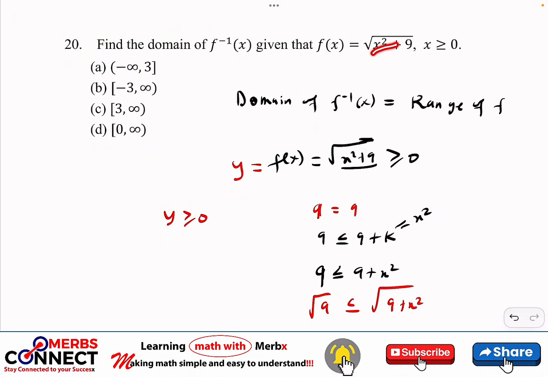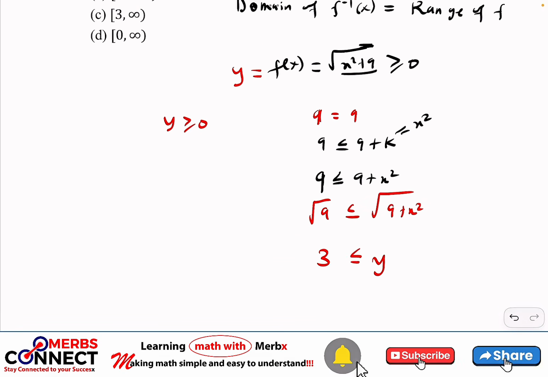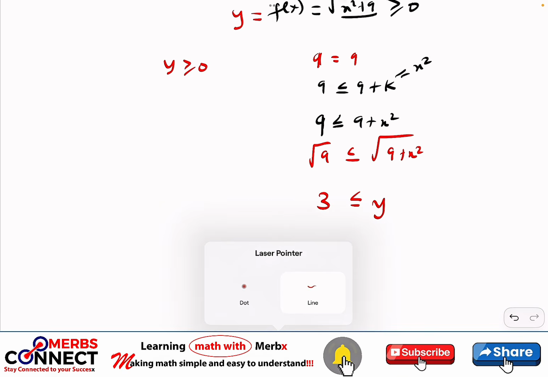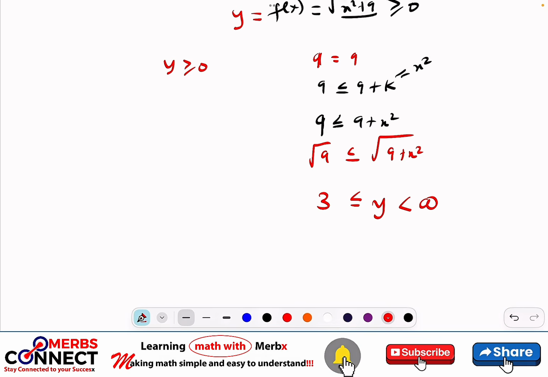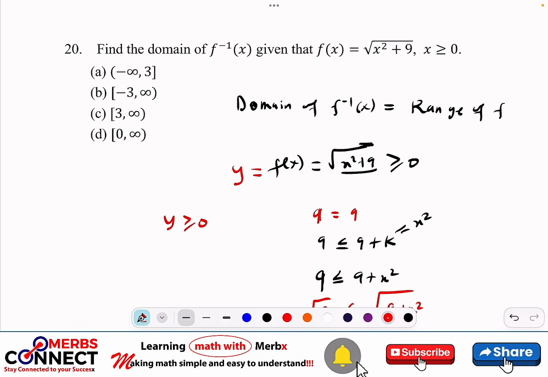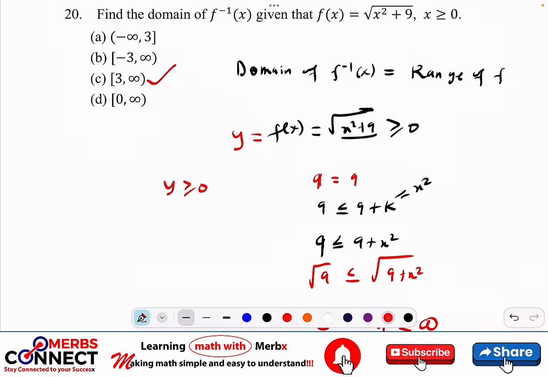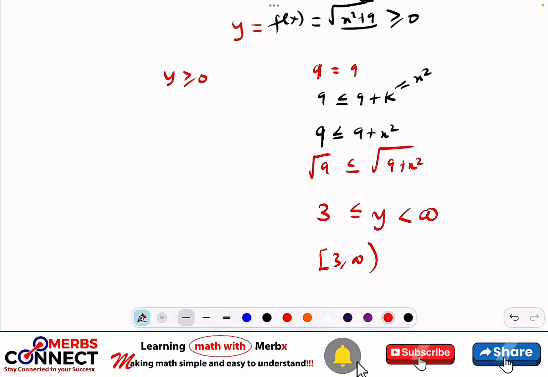It's going to make this one go to infinity. So it means that y is greater than or equal to 3 up to infinity. So this one is like less than infinity here. So this is going to be 3 to infinity. So the best option here is this one. But let's go to finding the inverse and see if it's going to work out.